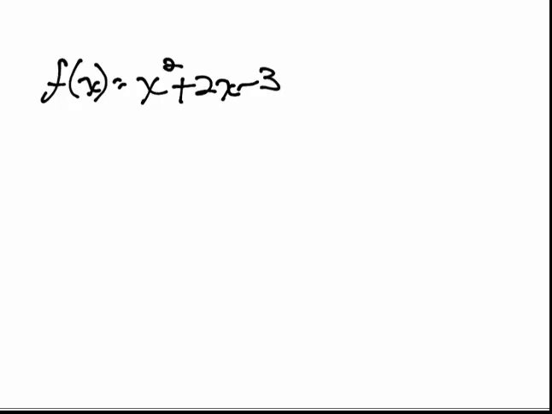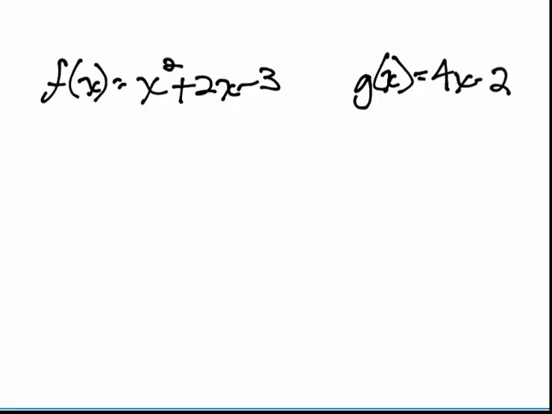Now, if you will go to page 66, it tells you how to pronounce f of x, and it goes on. But what we're going to take a look at now is evaluating these functions. So if we have two functions, f of x is equal to x squared plus 2x minus 3, and we have a second one, which we call g of x, and that's a different equation. You'll notice that it's 4x minus 2.